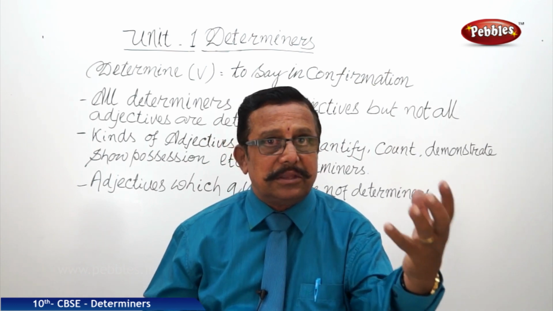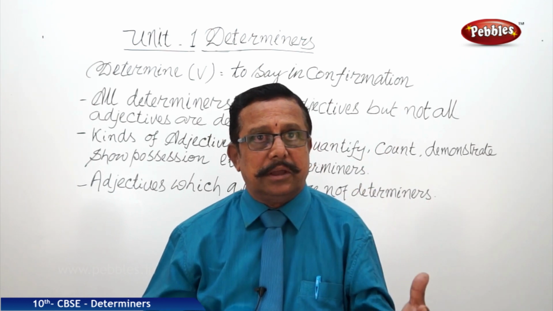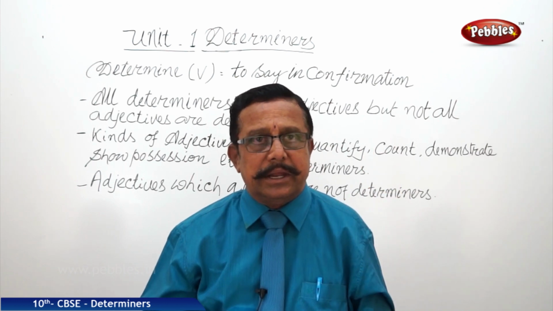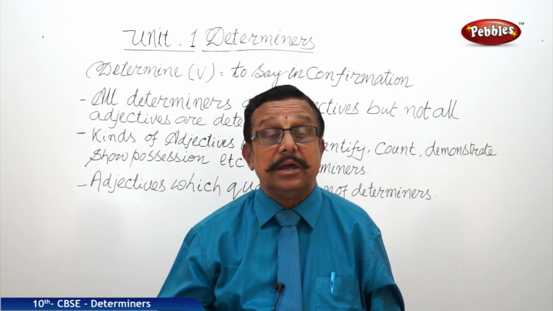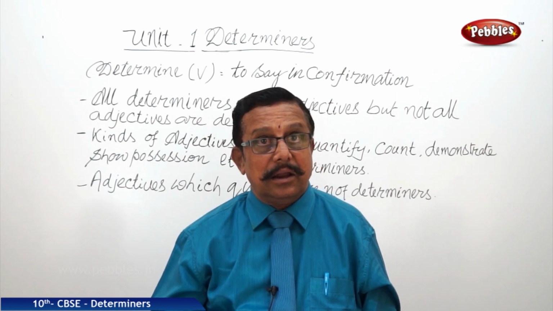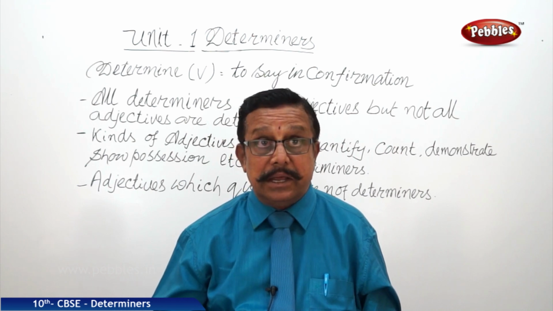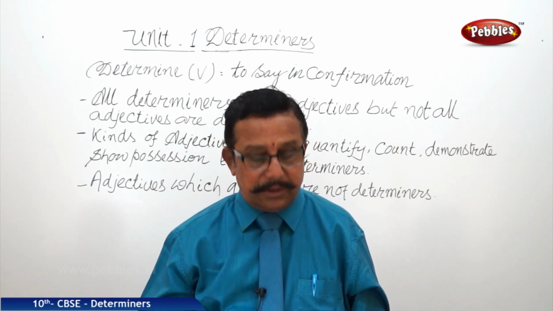Possessive means a certain thing belongs to me. The word which shows that is also an adjective or a determiner. So, my, our, your, his, her, their, likewise we can use. These are determiners which show possession.